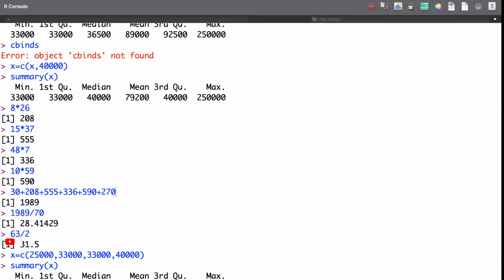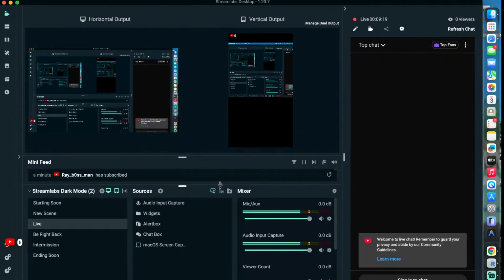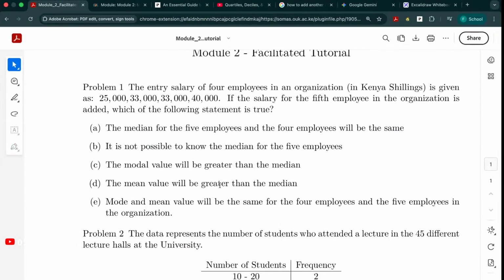Our mean is 32, so it is smaller than our mode. Our mode is 33k. So for this, we just say it is false.